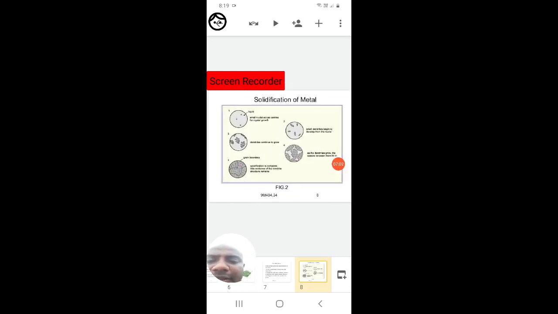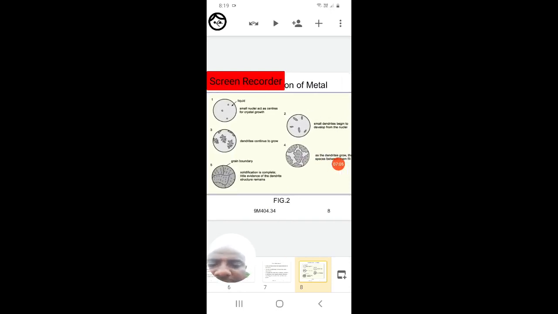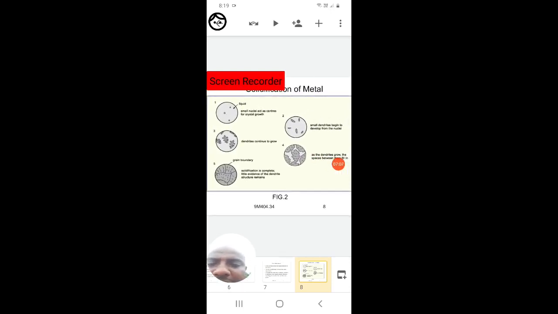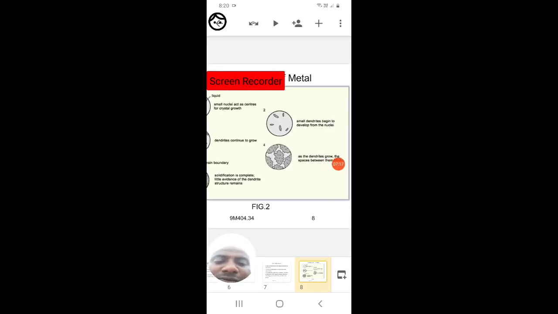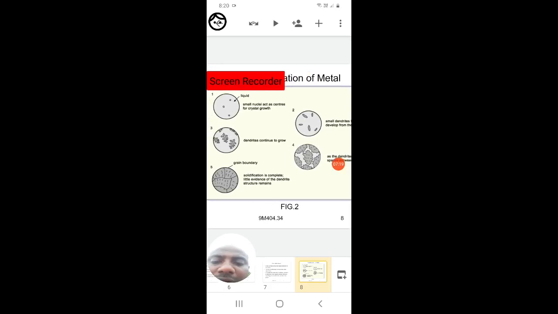So you see the solidification of metal. This is the overall diagram. First, in the liquid, small nuclei act as centers for crystal growth. Second, small dendrites begin to develop from the nuclei.